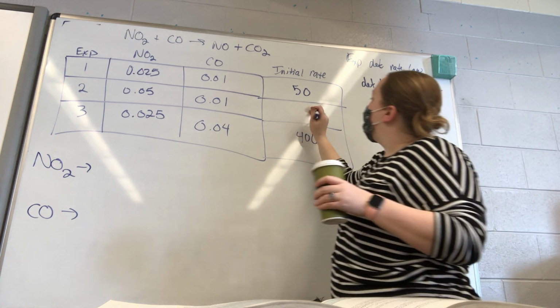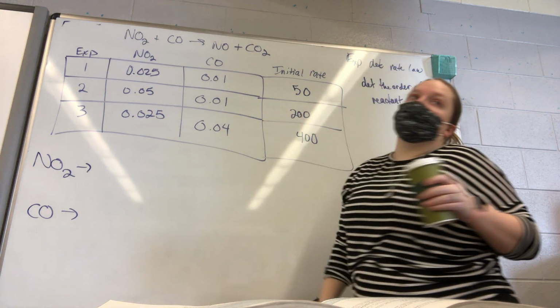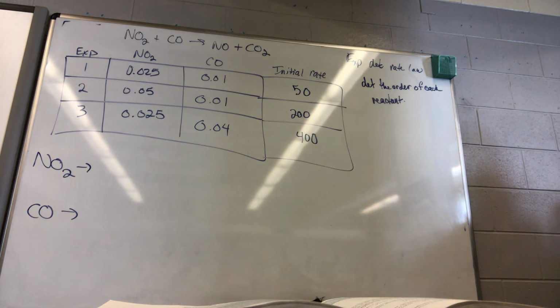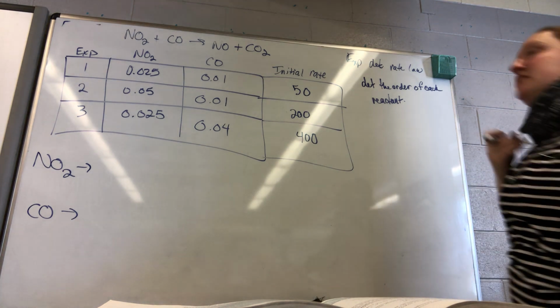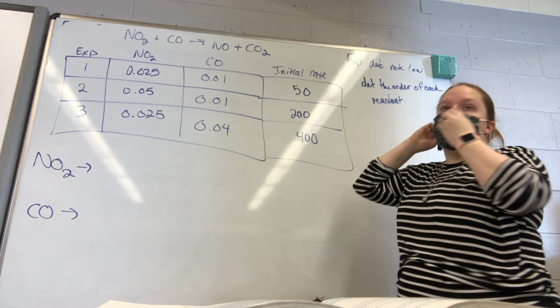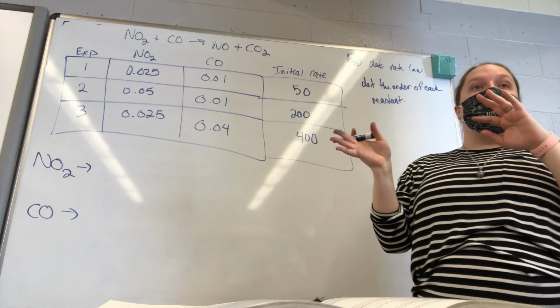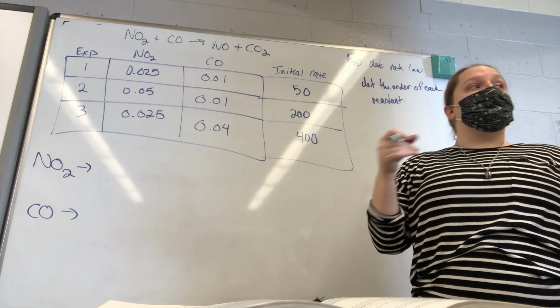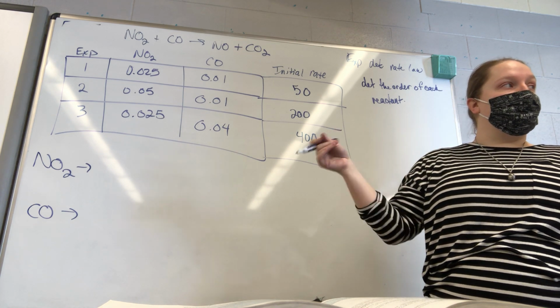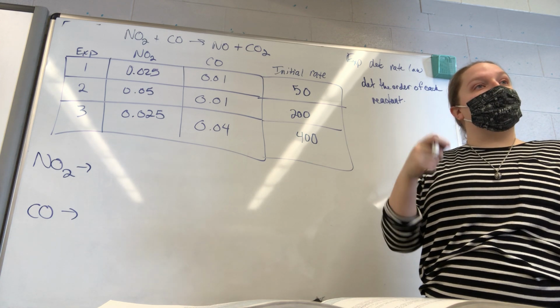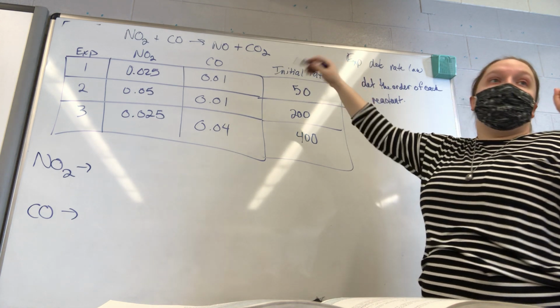I'm going to make this 200, I lied. So instead of just using the equation to say that rate equals K times NO2 times CO, we can use actual experimental data collected, pretend like I didn't make it up, to determine the order of each one individually.